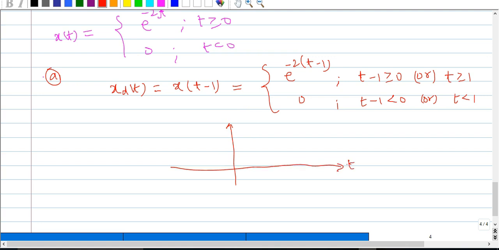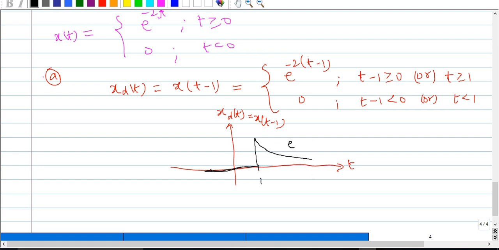So this is t, this is x d of t, okay, which is equal to x of t minus 1. Now you see from here that it is 0 when t is less than 0. So this is t equal to 1, and before this the signal is 0, okay, and at t equal to 1 it varies as this expression here, okay.